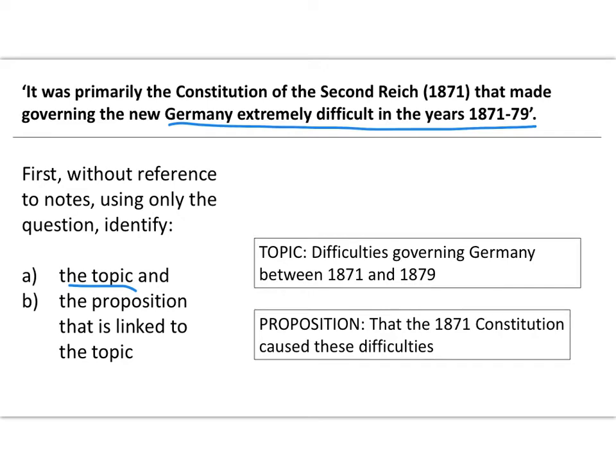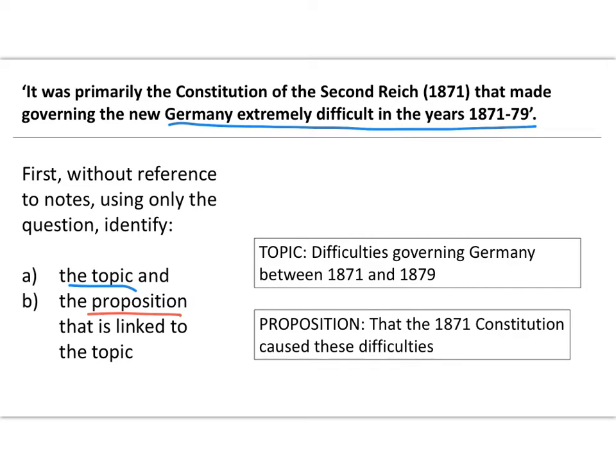Whereas the proposition, and I'll use red for this, the proposition element of the question is the reason why that event happened. So an A-level question will usually give you an event, and then it will give you a suggested reason why that event happened. So you've got to separate the two out.